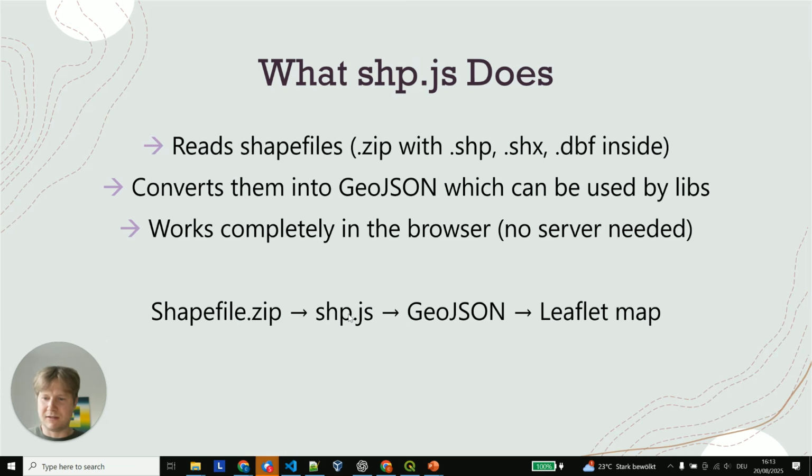So again, shapefile zip into Shp.js, it turns this into a GeoJSON representation that you can easily read with JavaScript right in the browser, and then plug that into your Leaflet map or the layer GeoJSON functionality there, or ArcGIS Maps SDK for JavaScript. They also have a cool GeoJSON layer type.